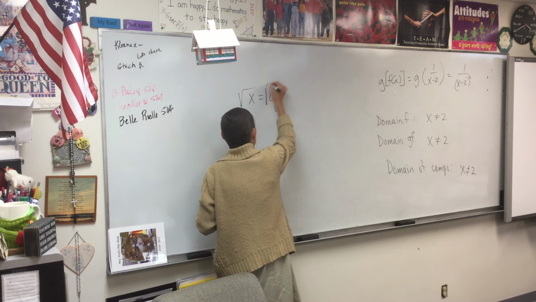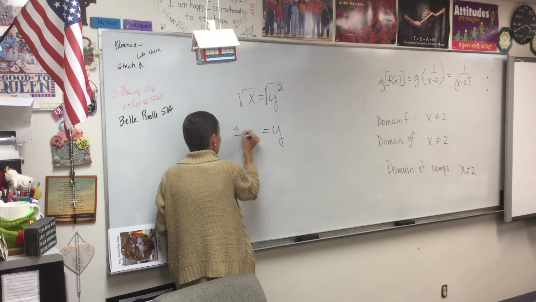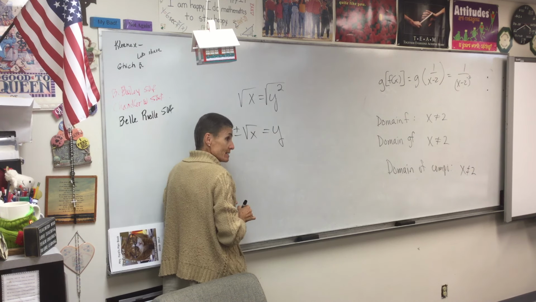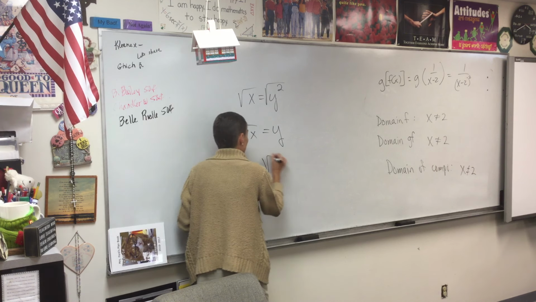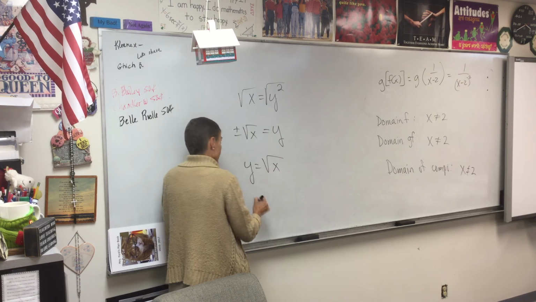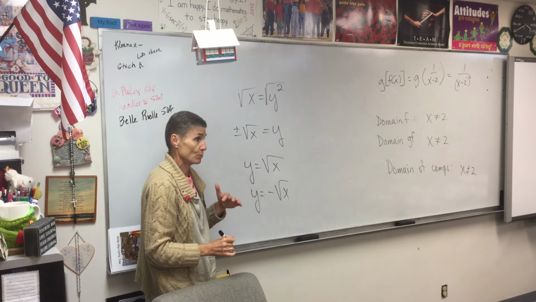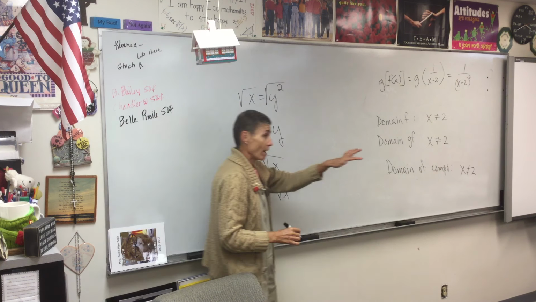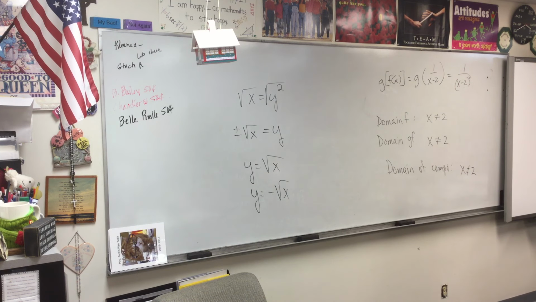But, like always, when we square root both sides, we're going to get plus or minus root x. So to graph this on your calculator, you're going to graph root x. So one equation is going to be y equals root x, and the other equation is going to be y equals negative root x. Now, graph both of those, put both those equations in, and hit graph.